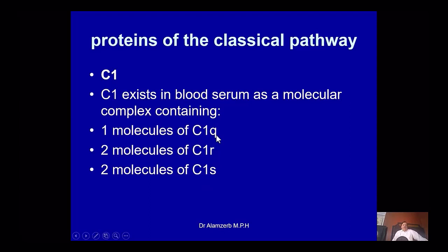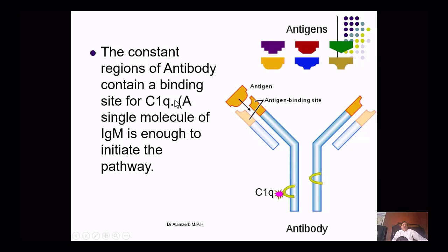It contains one molecule of Q, two molecules of R and two molecules of S. QRS complex, you may remember it in the ECG. The constant region of the antibody contains a binding site for C1q. A single molecule of IgM is enough to activate the pathway.